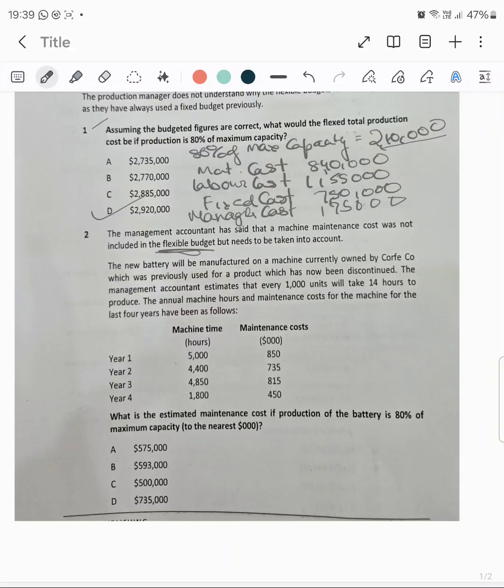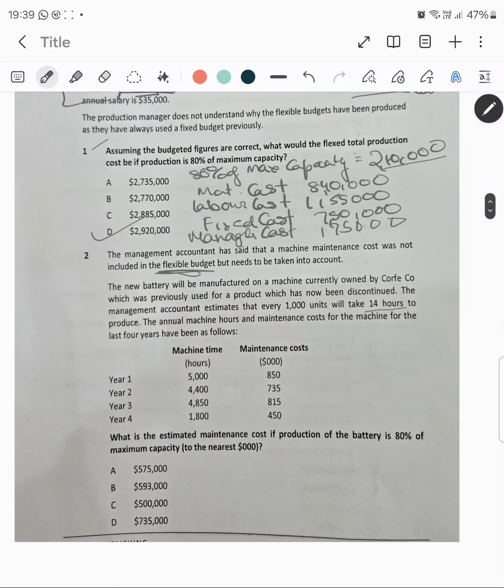First hint, the new battery will be manufactured on a machine currently owned by Corfe company. The management accountant estimates that every 1,000 units will take 14 hours to produce. All right, so for every 1,000 units, 14 hours will be taken. That is for sure.